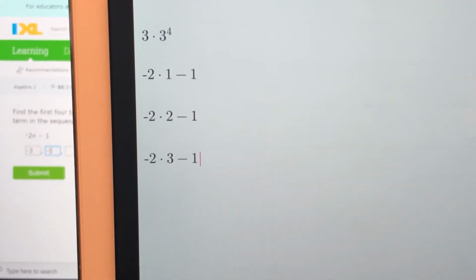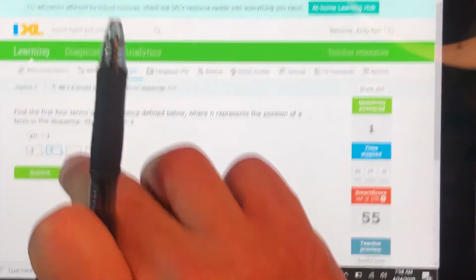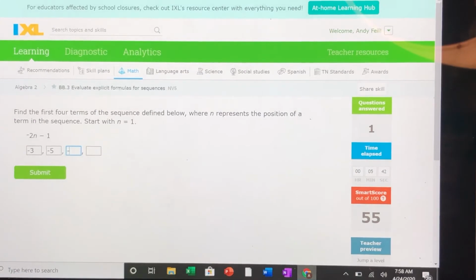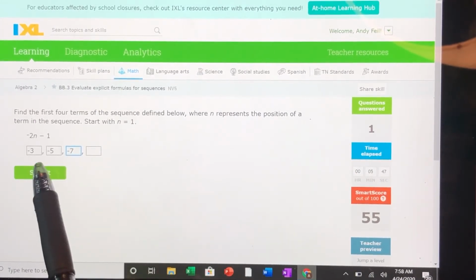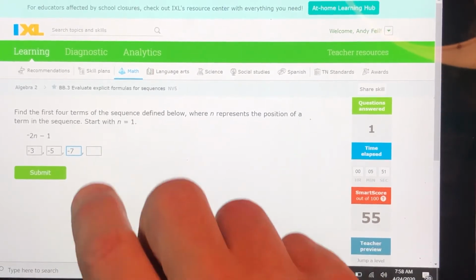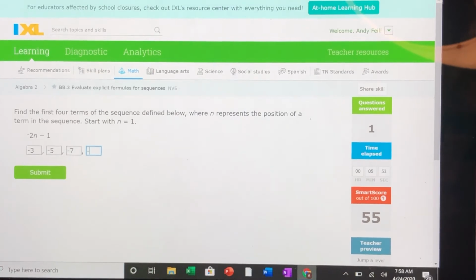But just to make sure, negative 7. Now at this point you might be thinking, well, I think I know what the next one is without even calculating it. This looks like an arithmetic sequence, and it looks like the common difference is negative 2. They're subtracting 2 each time, and you're absolutely right. So let's just not even bother calculating that last one, and let's just put in negative 9 because we know where this is going. Okay?